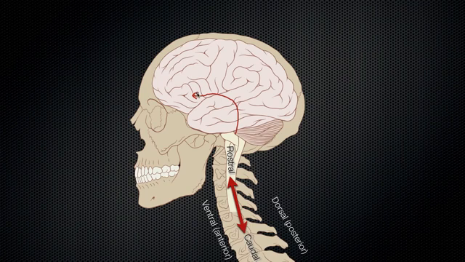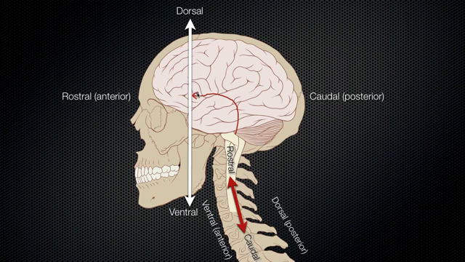And what we have then is dorsal being the top of the brain and ventral being towards the bottom of the brain, rostral being towards the front, rostral or anterior, caudal being towards the back or posterior being towards the back of the brain. And so you can see we have this shift. Instead of dorsal, ventral being towards the back and towards the front when we're beneath the brain, as we pass the midbrain region, dorsal now shifts to the top of the brain and ventral towards the bottom of the brain.